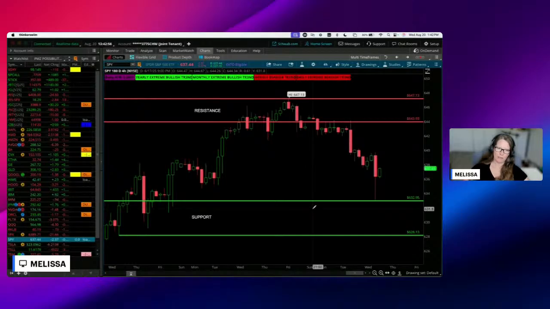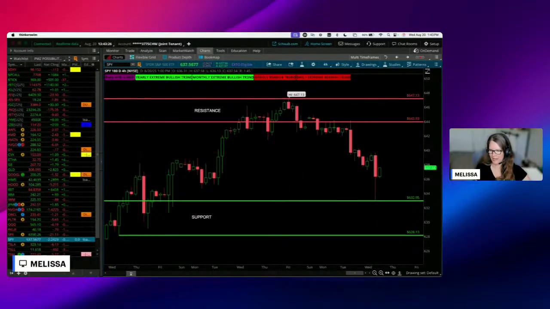Take, for example, on SPY, each time price rallies up into 643.93 by 647.13, each one of these candles, each time they rally up into here, it was an opportunity to sell or to go short, buying puts.